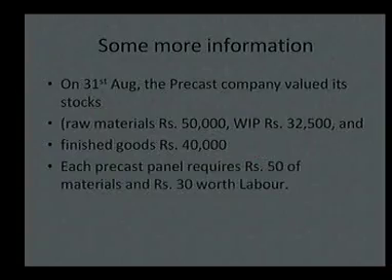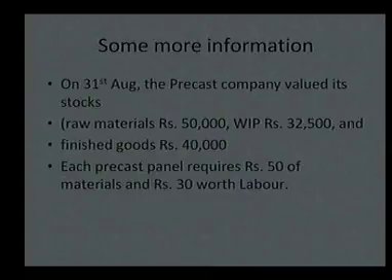Please note this, because if we were not supposed to prepare the profit and loss account and balance sheet as of 31st August, the company may not have done this exercise. So, this point you need to note, and you will also find in subsequent discussions that this information is part of our adjustment entries.